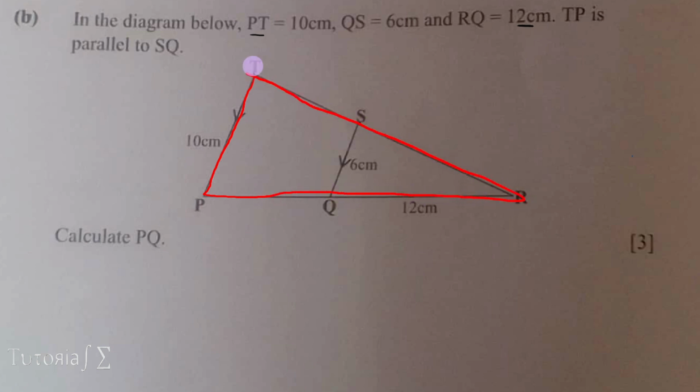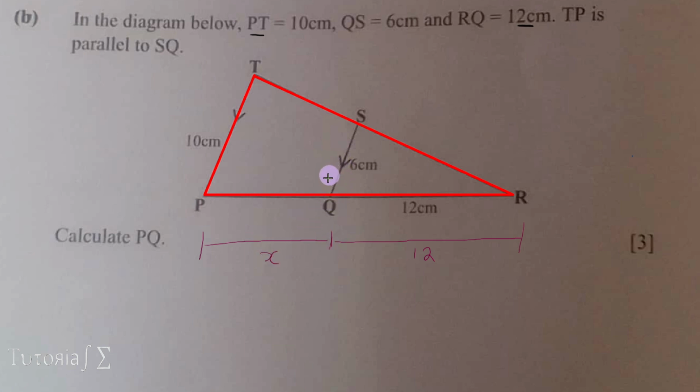Okay, which is right there. And since the length from Q to R is 12 centimeters, we don't know the length here. So we can say the length from P to Q is X.